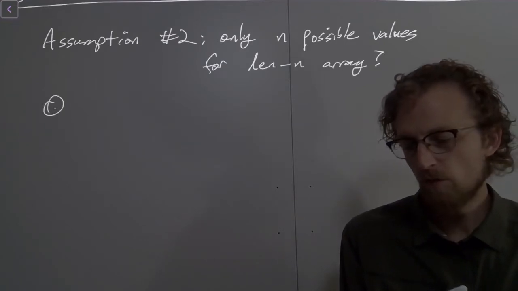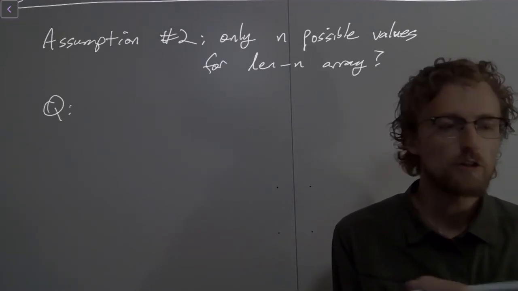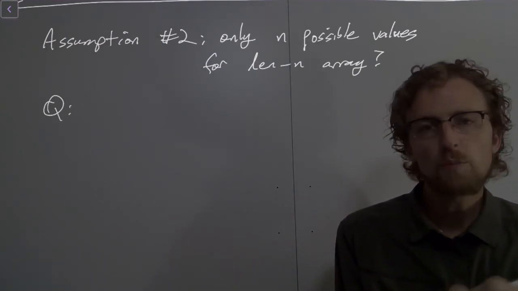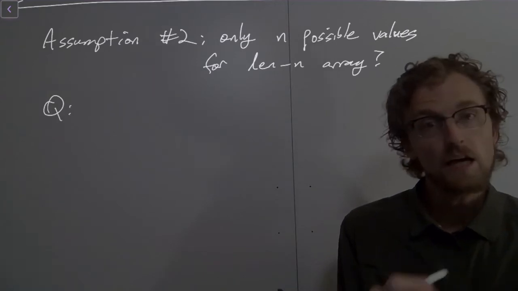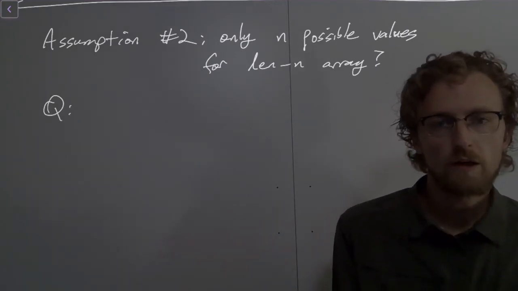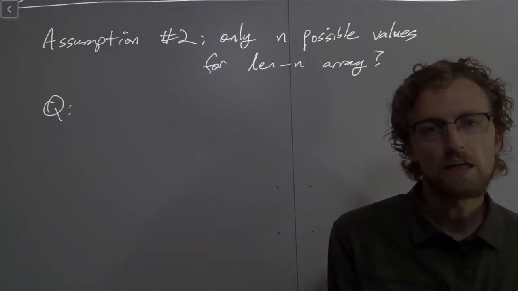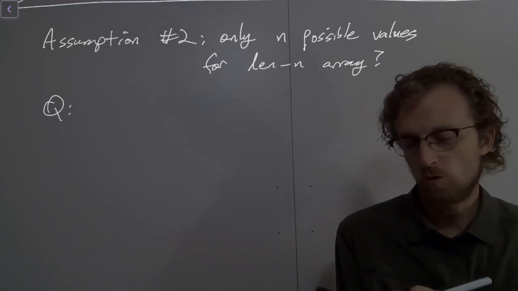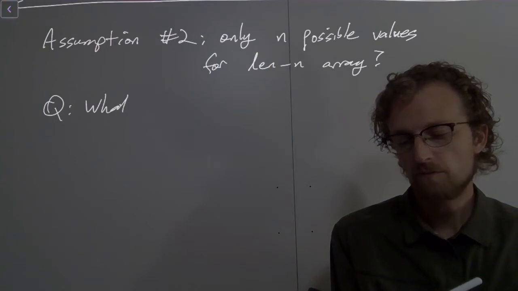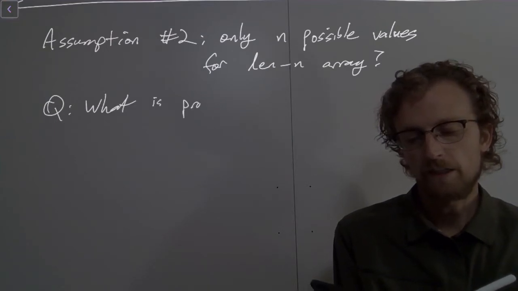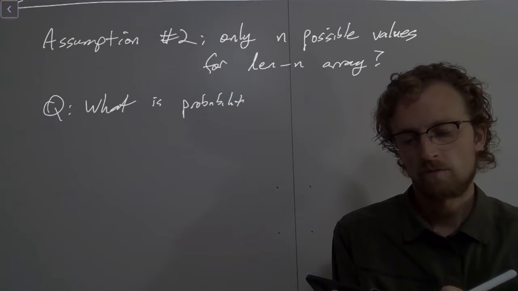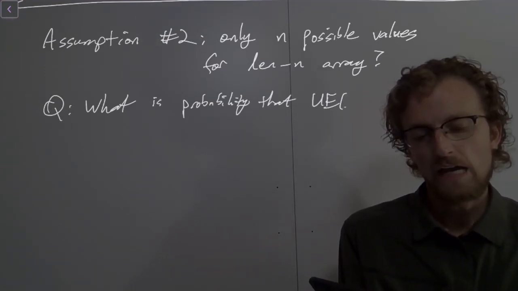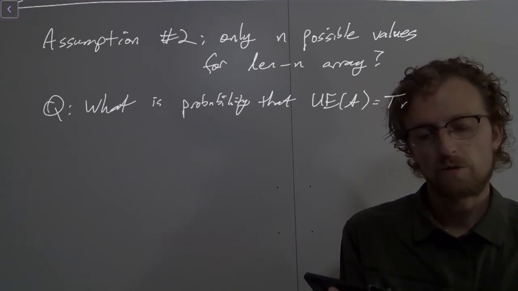And the first question we'll ask, and this is the only one that we'll answer rigorously, is: if our inputs are generated by this assumption, what's the probability that the algorithm returns true? So what is the probability that UE of A is true under that assumption?